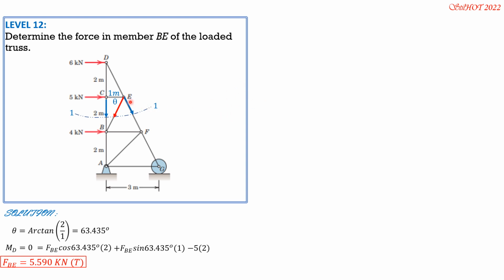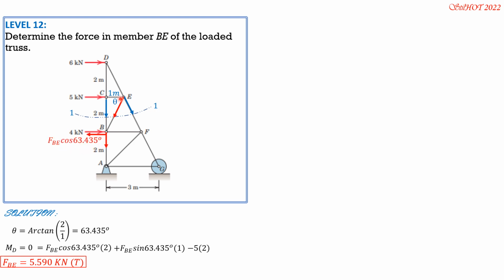The other way is by the principle of transmissibility of a force, for simplicity, so that only one component will have moment about D. So we move FBE through its line of action to B. There are two components, vertical, which passes through D, so don't mind. The horizontal component is FBE cosine of 63.435.